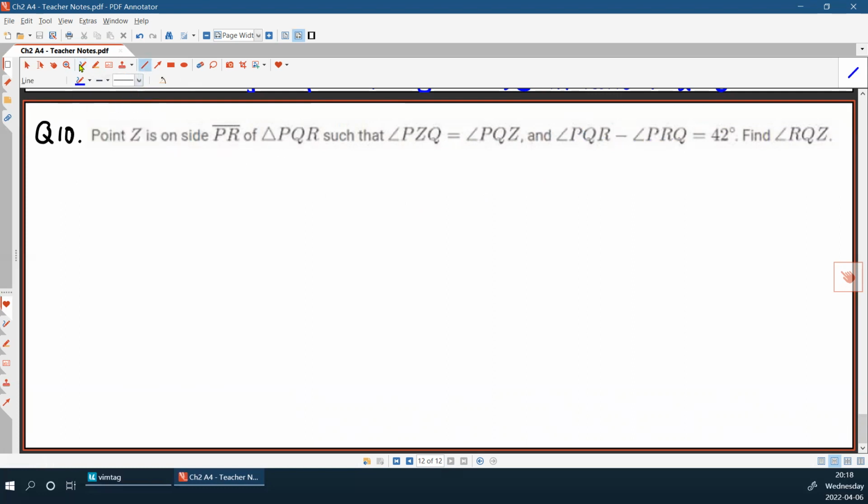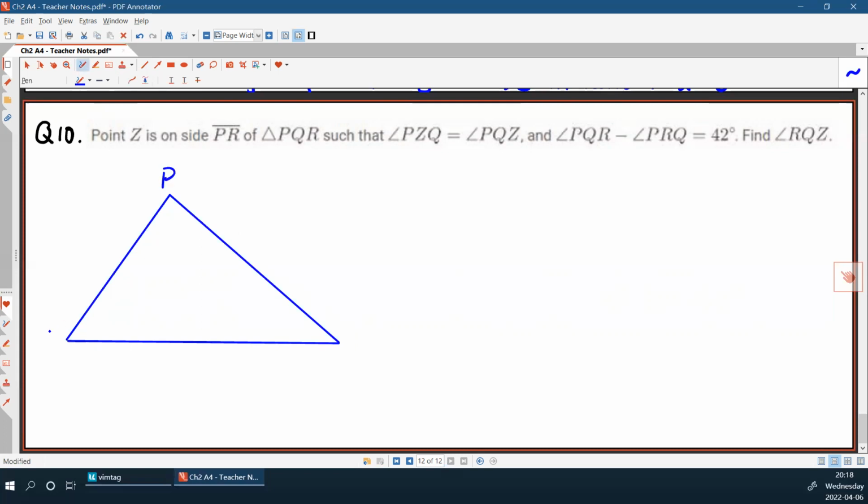So there is a triangle PQR, right? So we can just draw the triangle PQR first. So let's suppose this is a triangle PQR. This is P. Let's say this point is Q. This point here is R.